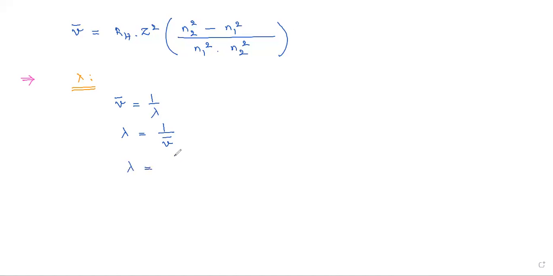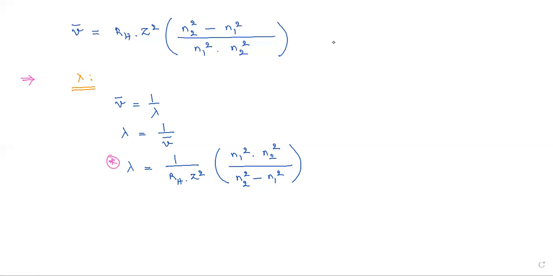Then let me go for 1 by, take that nu bar thing, 1 by RH into Z square into N1 square into N2 square. See, this has come into the numerator by N2 square minus N1 square. Got it? So this is the expression for calculating the wavelength of the spectral lines.